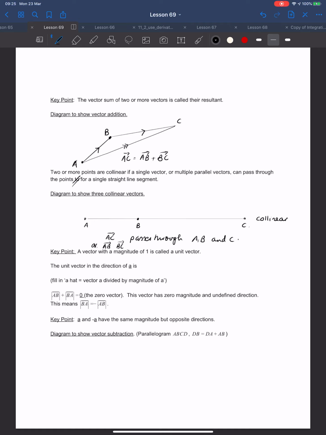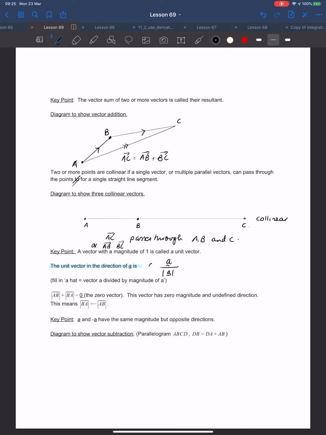Right, key point. A vector with a magnitude of 1 is called a unit vector. The unit vector in the direction of vector A is the vector A divided by the magnitude of A. So this is like A divided by the length of A, so that's going to be 1.